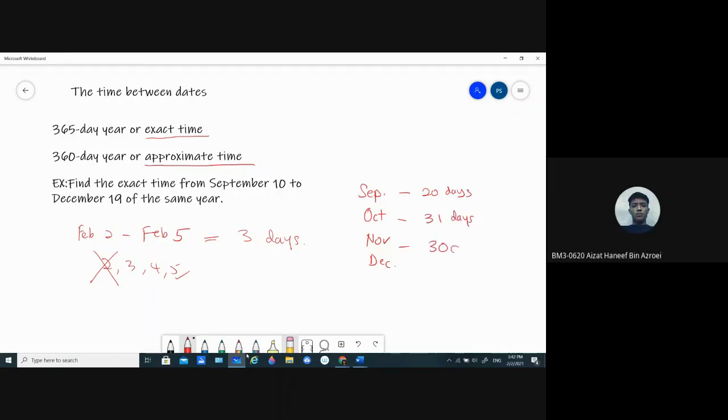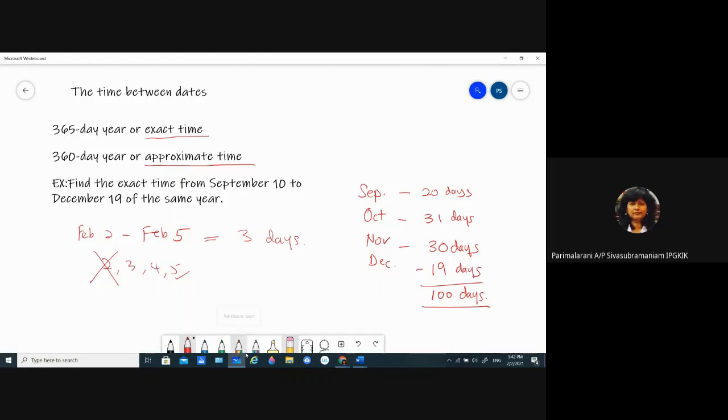November has 30. December we want until the 19th of December, so we have 19 days. What's the total here? 100 days. So the exact time from September 10 to December 19 is 100 days.